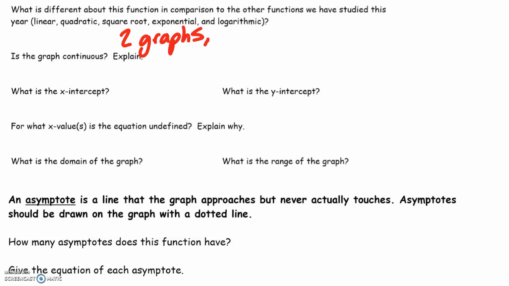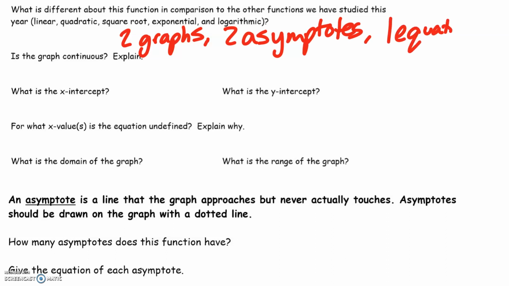And the fact that there are actually two asymptotes. Now, some of our graphs have an asymptote, like exponential or logarithmic, those have one asymptote, but in this case we have two. And it's the only graph that has two asymptotes. All the others have one equation, but we can say that it's one equation.